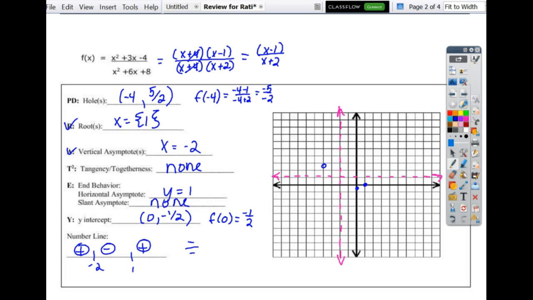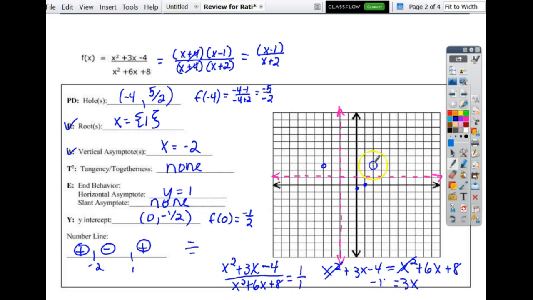Okay, so if we use the first one, when I cross multiply, the x squareds cancel out. But did the x's cancel out? No. So if I subtract, I get 3x over here, and I get -12.